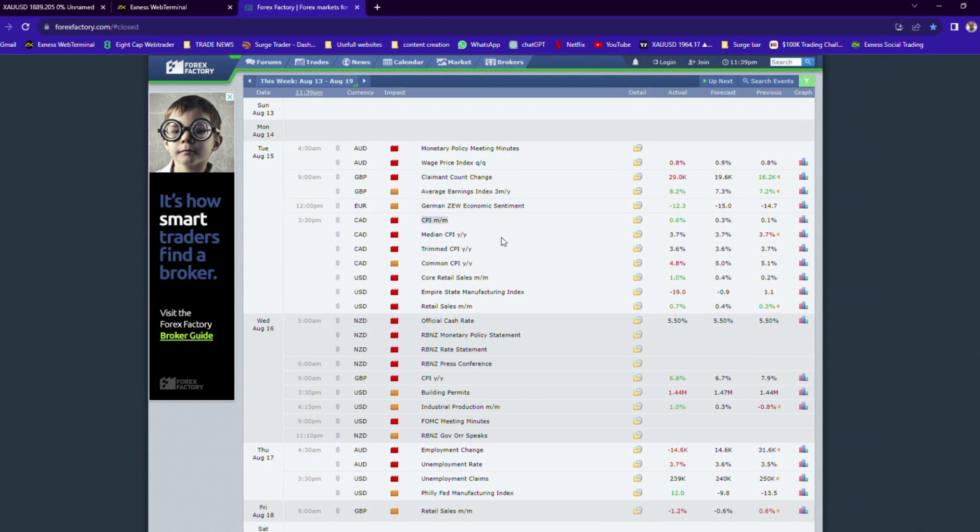Like CPI on the Canadian dollar, this shows you the inflation rate on the Canadian pair, and this will determine the future interest rates of the bank. From the inflation, they will determine the interest rates. For example, right there, with inflation going high, they will try to implement new interest rates.